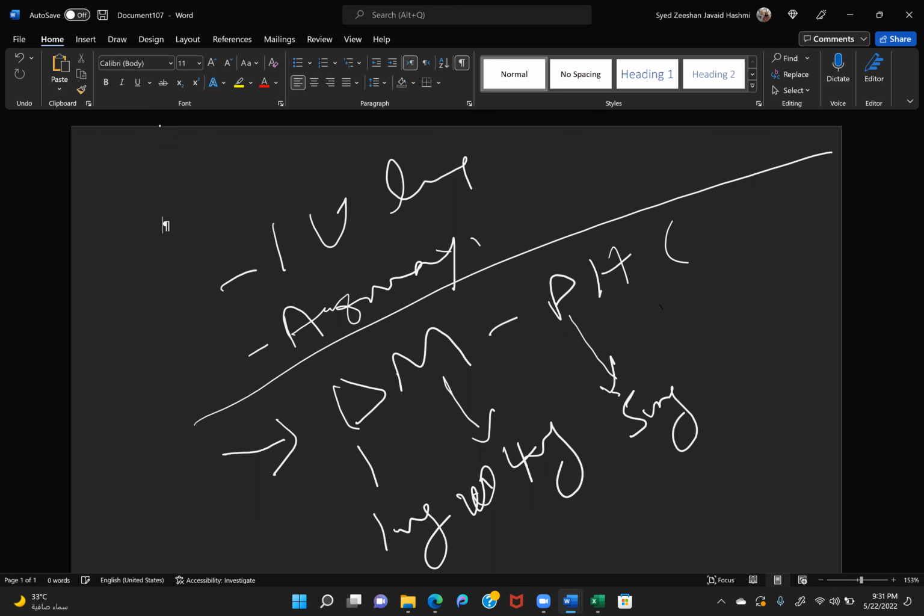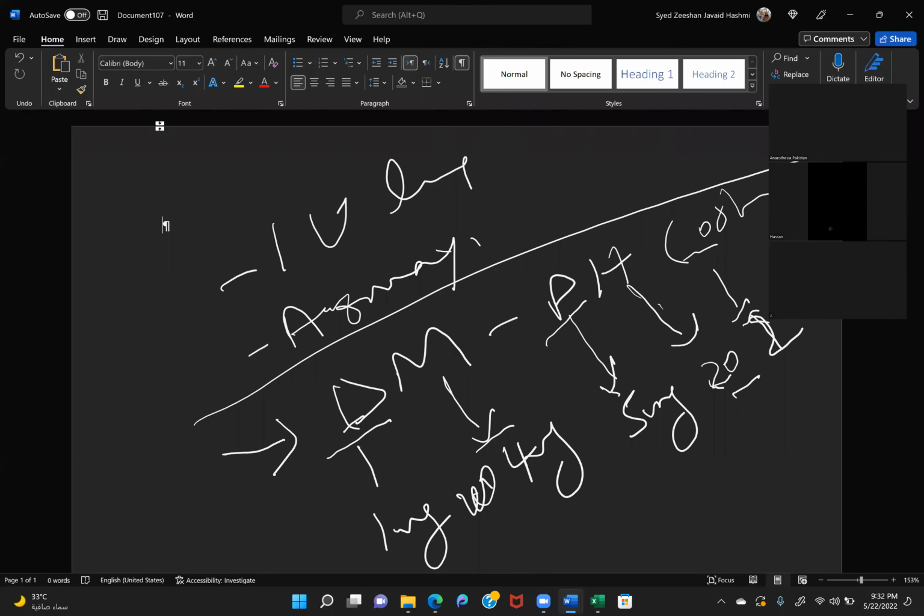H for hydrocortisone, 20 milligram. C for cortisone, 25 milligram. So 25 milligram of cortisone is equal to 1 milligram of dexamethasone.